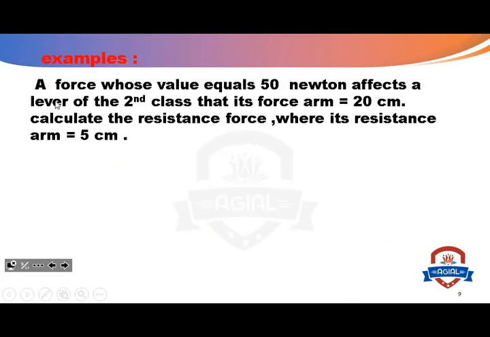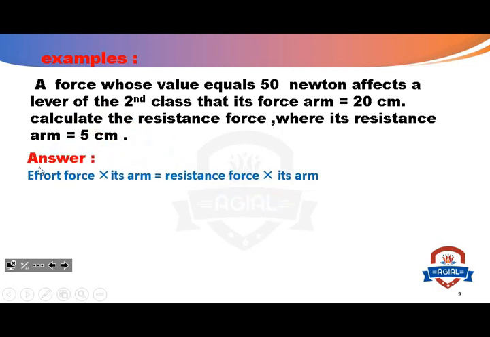Example: a force whose value equals 50 Newton affects a second class lever, whose force arm equals 20 centimeter. Calculate the resistance force where its resistance arm equals 5 centimeter.